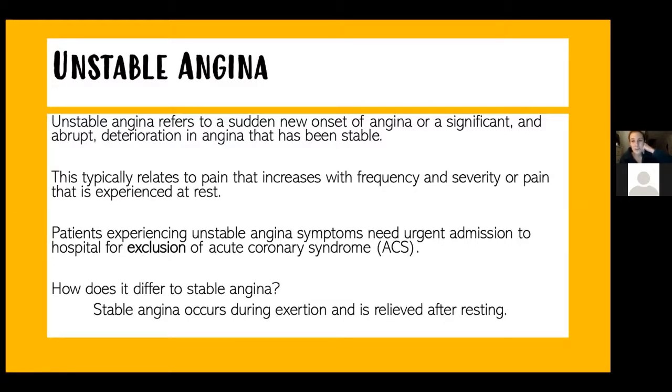So if they've walked up the stairs, or taken a walk to the local shop, and they're able to rest, and that pain goes away, that is stable angina. With unstable angina, the patient is sat in bed with chest pain, they're not exerting themselves. They would present with chest pain, and we'd have to exclude ACS, so the NSTEMIs or the STEMIs, and then we could label it as an unstable angina.